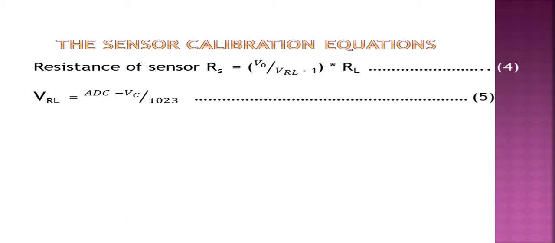The ADC value is the analog to digital voltage from the sensor to the microcontroller.